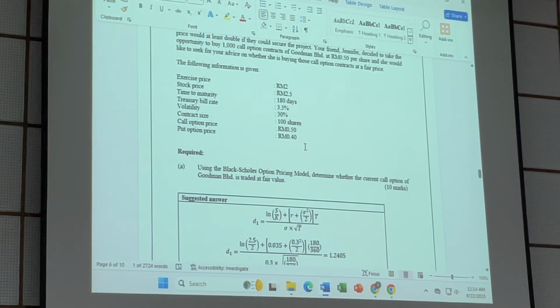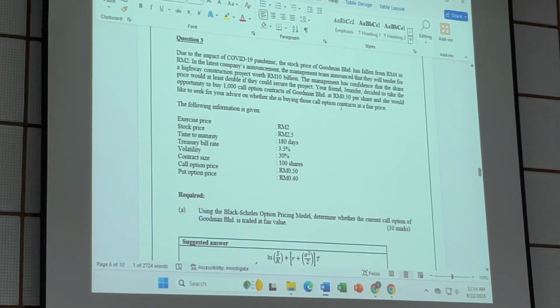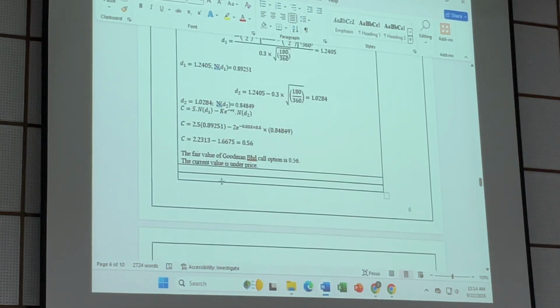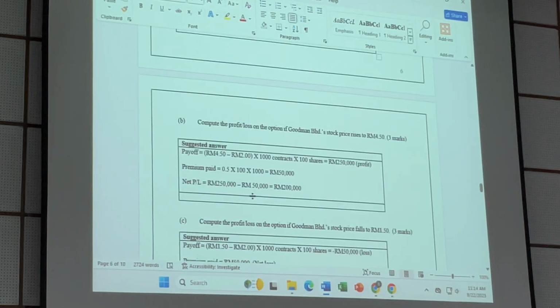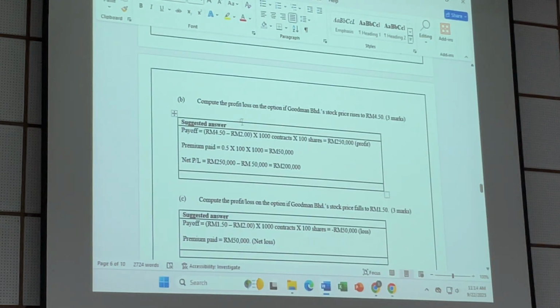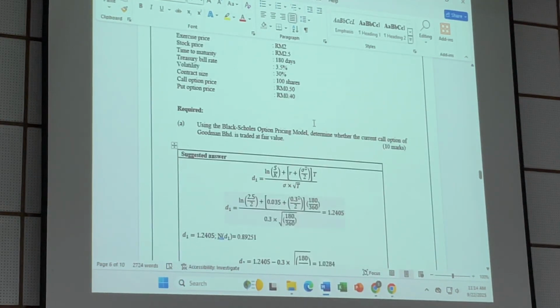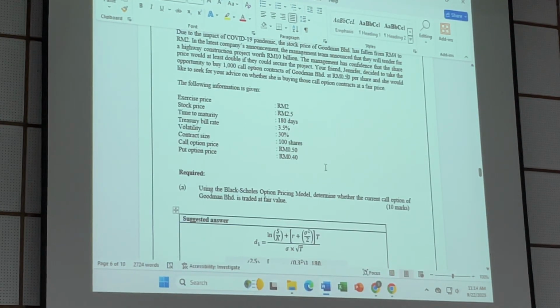So the price is, you got 50 cents. So the price is lower than the calculated price. Compute the profit and loss, it's the same thing. Calculate the difference. Because the price rises, your strategy is long the call.